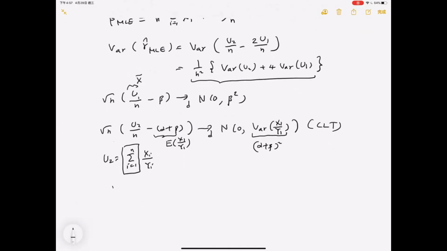How do I derive the variance of y1 divided by x1? Again, the whole thing is a conditional distribution. You do see a conditional distribution from A and B. I know how to derive expectation using conditional distribution, so you should know that variance also has a formula: the variance is the expectation of the conditional variance plus the variance of the conditional expectation, given x1.